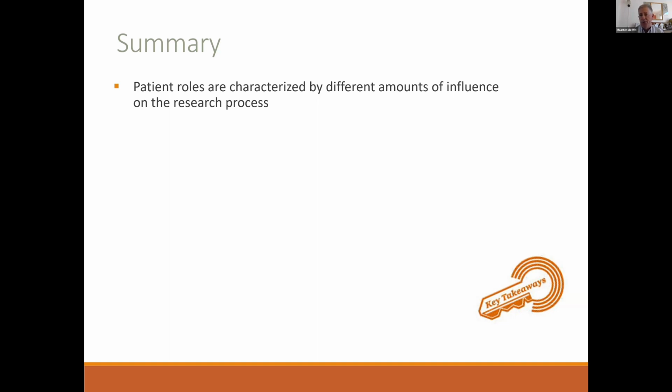But the other way around is also, of course, that researchers can indicate what kind of patients you want to involve in your study. Are you really looking for a patient research partner with all the consequences and implications that has? Or are you just looking for a patient advisor that you can consult every now and then? Both are justified as long as you are clear what you are looking for.